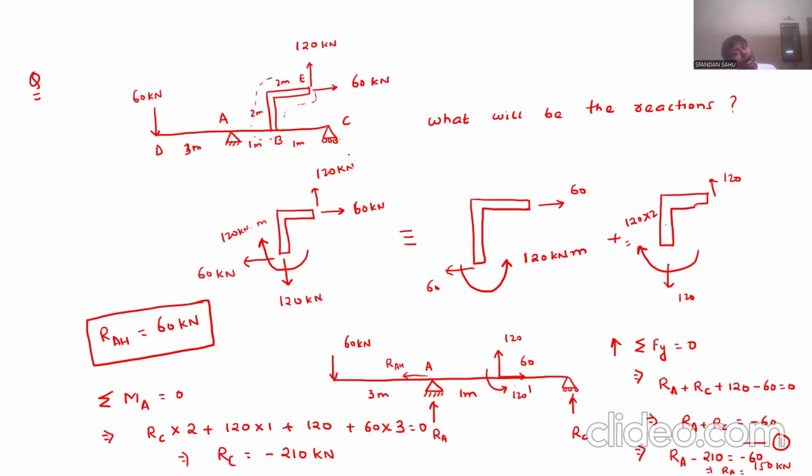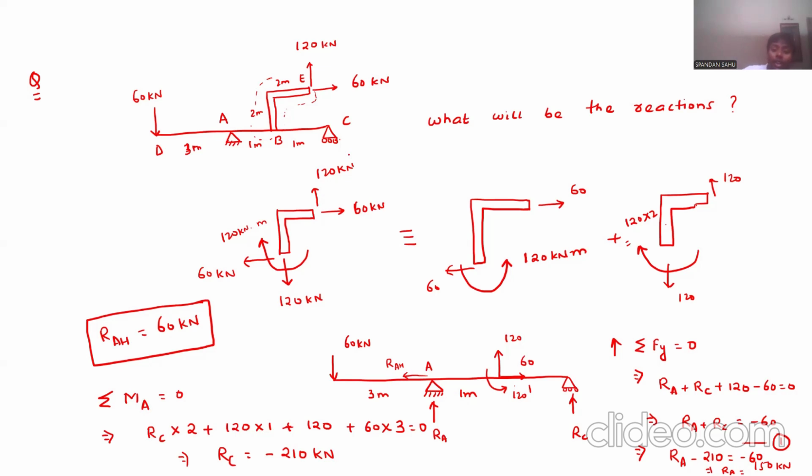To bring that bar into equilibrium, you have to apply some moment, and that moment needs to be applied at joint B. And how to apply that moment? It should be opposite to how those 60 kilonewton forces will try to rotate that bar. If they are rotating the bar in clockwise fashion, then the moment reaction will be in anti-clockwise fashion to keep the entire portion in equilibrium. So that is the reason I have shown the moment in anti-clockwise fashion.